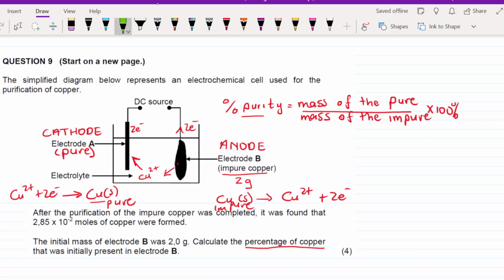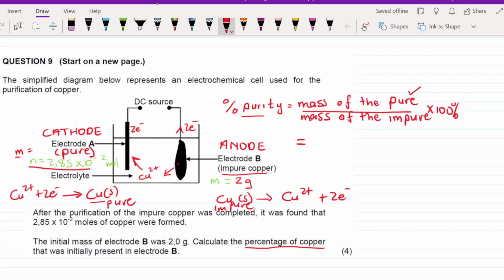We have the number of moles of this, they said it is 2,85 times 10 to the power negative 2 moles. On the other side we only have the mass. So in order for us to find the percentage purity, we need to find the mass of the pure. We have the number of moles, so we can find the mass.